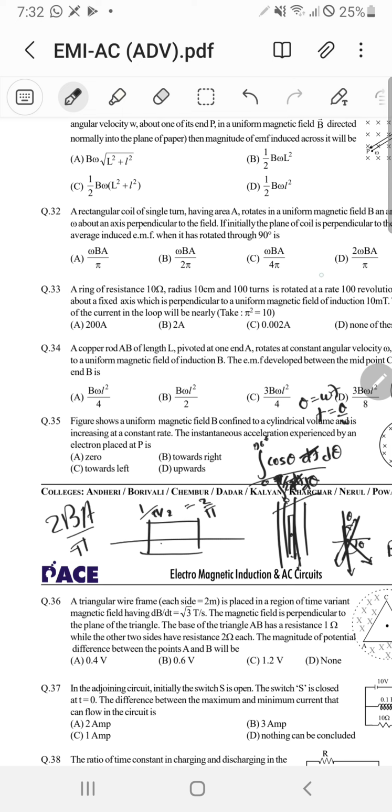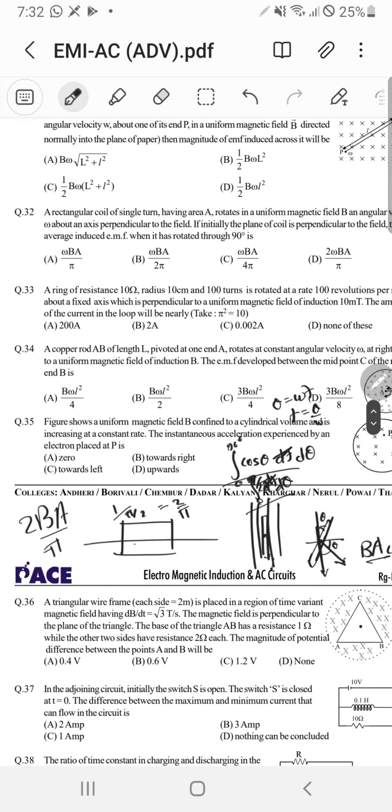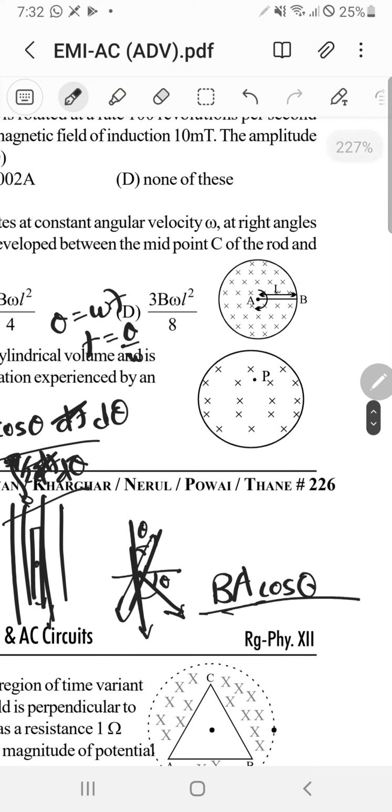What's with the omega? That's weird. There should not be an omega. Wait a second. Oh yeah, of course. It's not the flux, it's the derivative of the flux, right?